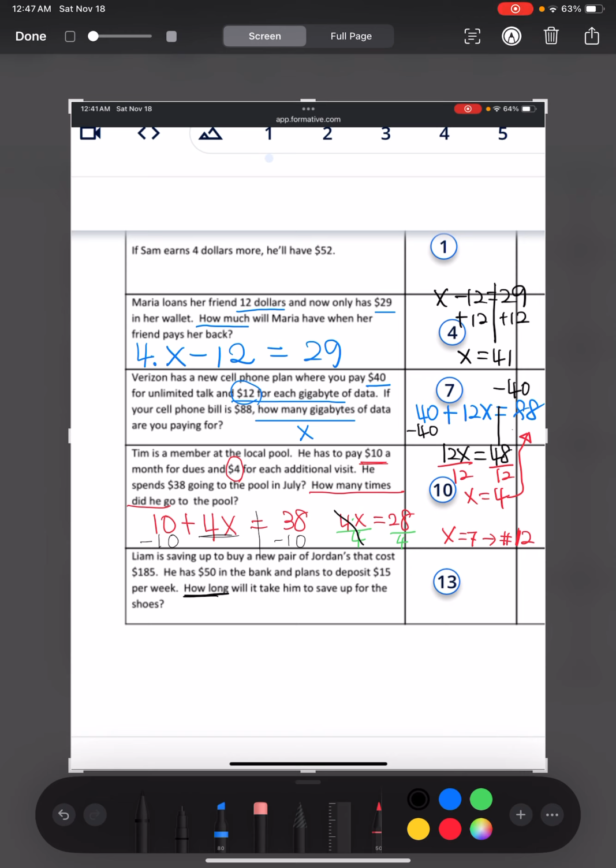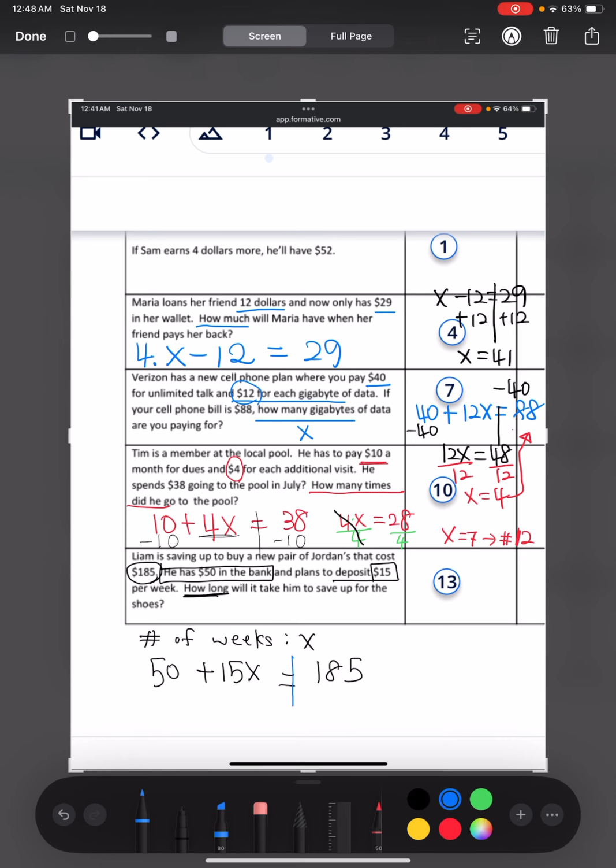So you need to put number of weeks, that's X. So weekly, you're depositing $15, so it's $15 times X, and he already has 50 in his bank account. He needs to make 185.